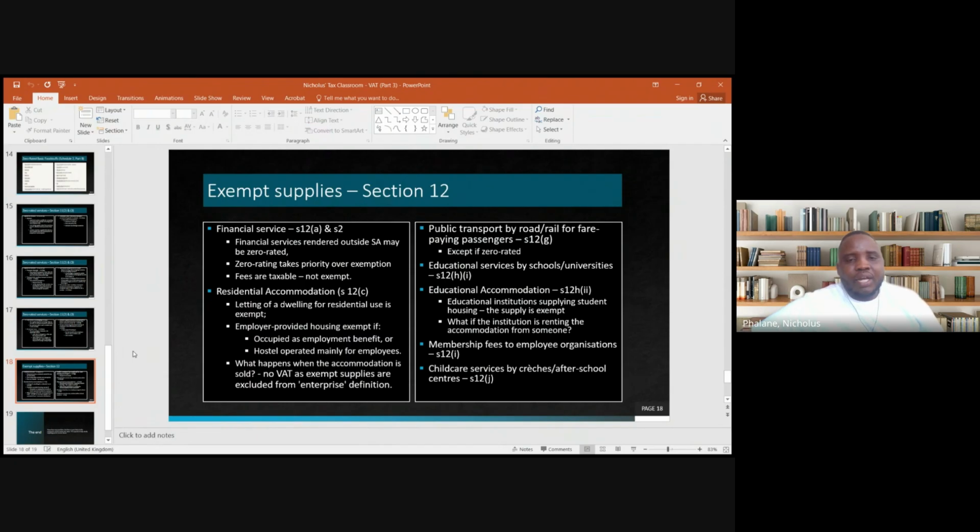In terms of section 12A and section 2, remember the one that says these are your financial services, financial services rendered outside SA may be zero rated. Generally your financial services are exempted, but now we are speaking about specific things. We are saying may, so it could happen that the zero rating doesn't apply.